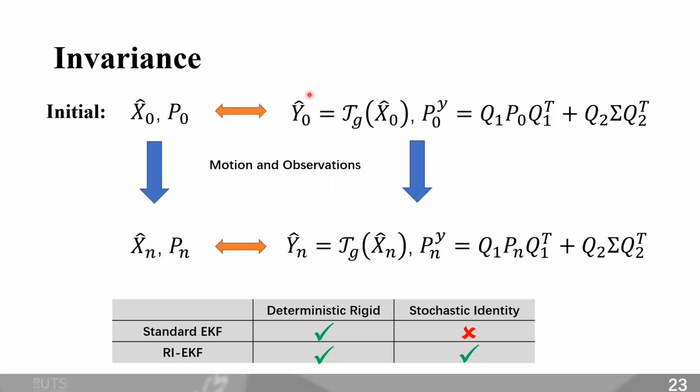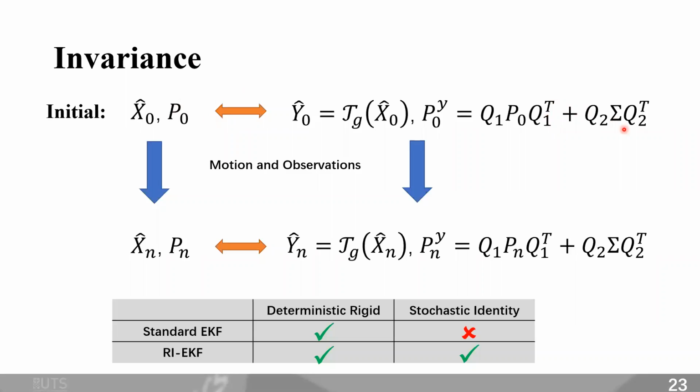When you transform x0 to y0, the corresponding uncertainty should also be transformed, and the transform relationship is from P0 to P0y. It should have these two relationships.